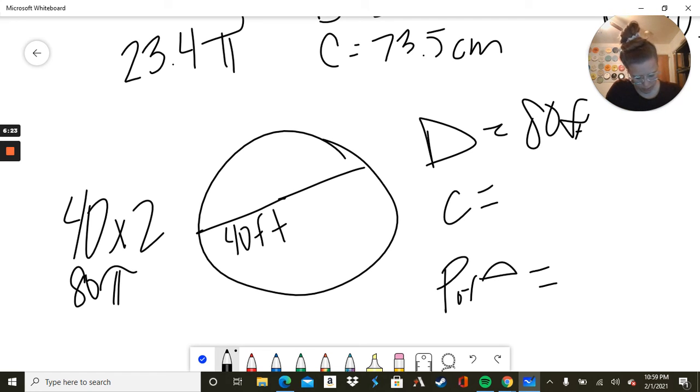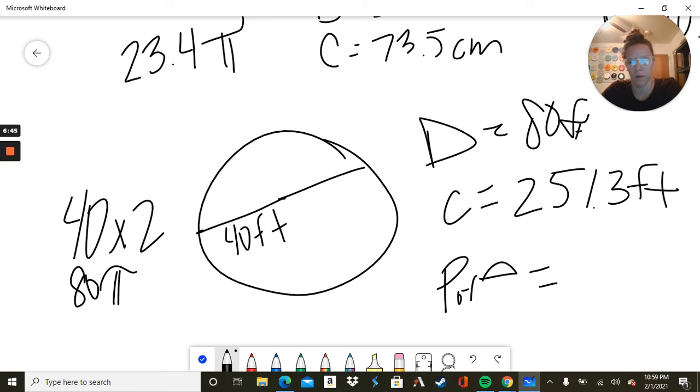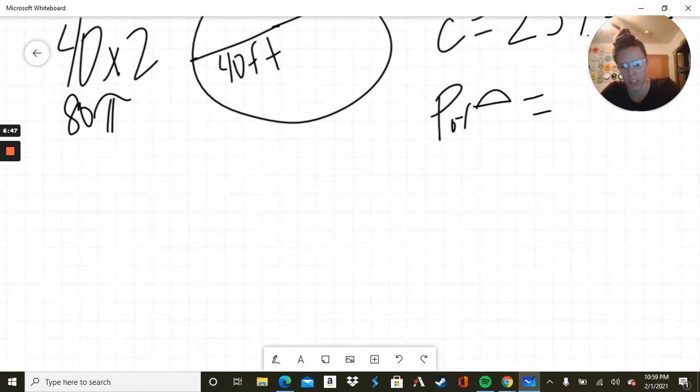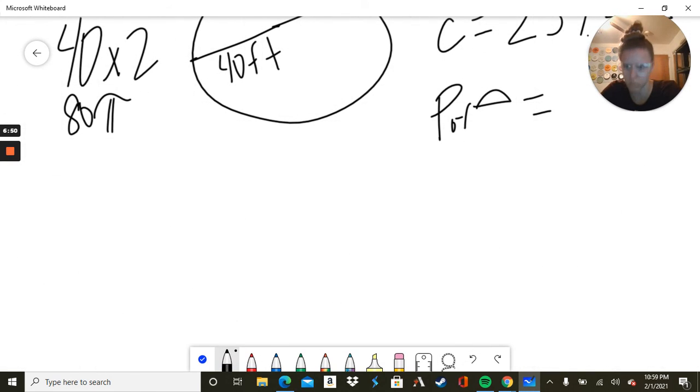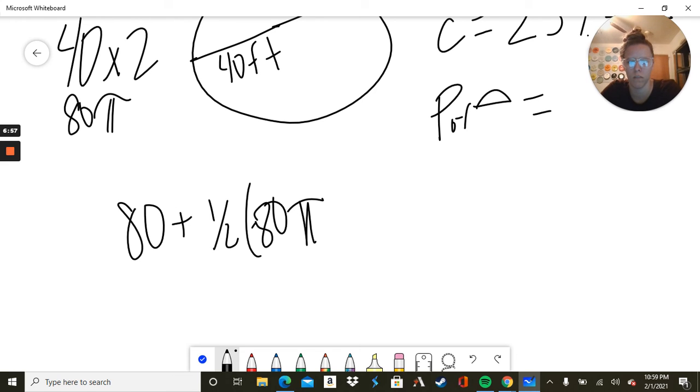So we have 80 times pi, and you can either type in your diameter with the multiplication symbol times pi, or just 80 pi, and then hit the pi button. Either way works. So our circumference, rounded to the 10th, is 251.3 feet. And now we have our perimeter. We're going to take 80 plus 1/2 times 80 pi.